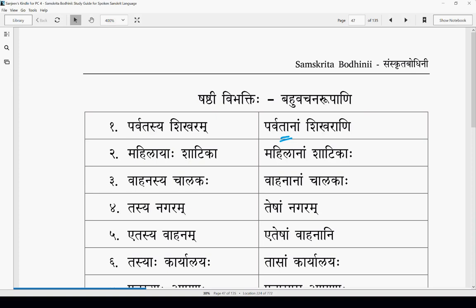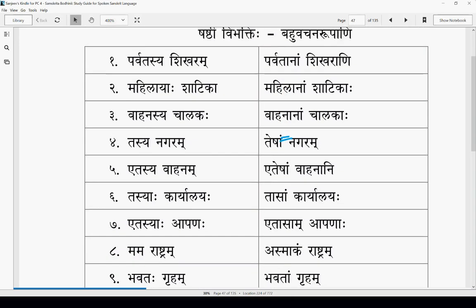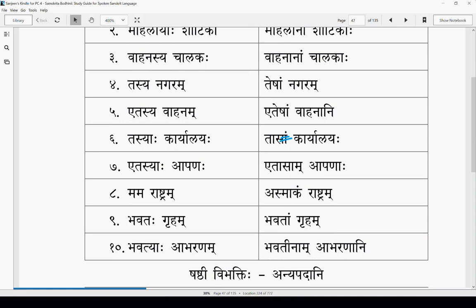Then Mahila, Tasya, Tasyaha, you know. Etasyaha, then Mama. These three are also shown here. Mama becomes Asmakam in Bahuvachanam. Bhavataha, the Pullinga, becomes Bhavatam in Bahuvachanam. And Bhavatyaha is like Nadi Shabda, so it is not a special word. Whereas these two words, Mama and Bhavataha, which become Asmakam and Bhavatam, we have to remember specially, because their base words are a little different.